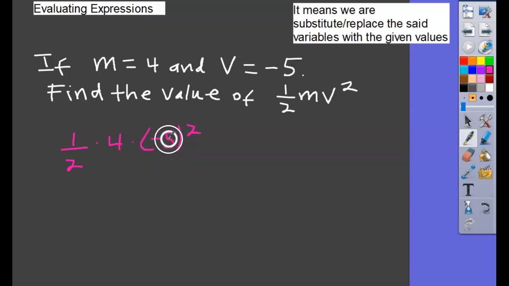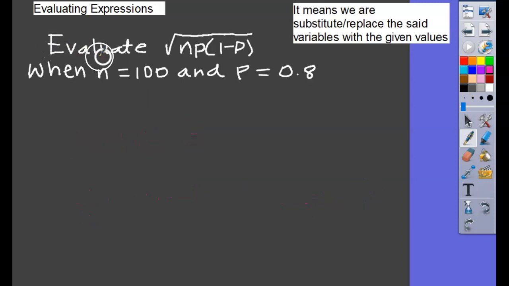Here we are going to do this one first because we are still following PEMDAS, or the order of operations. So we will square this. -5 times -5 gives us 25, and then we multiply in any direction that we want. So half times 4 gives us 2, 2 times 25, which is equal to 50.